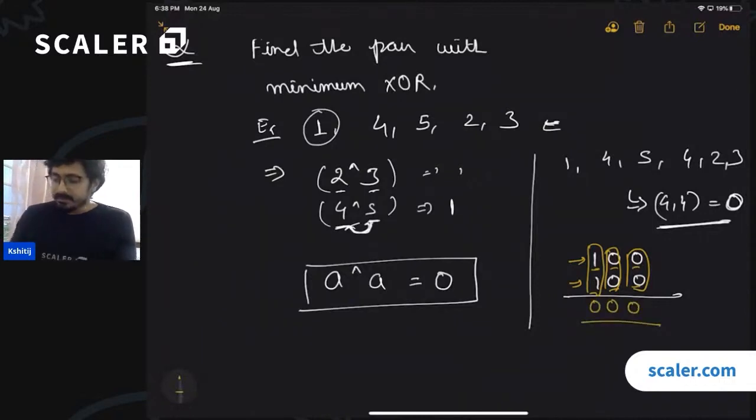Okay, now just use this thing, and can you say by just looking at this that if the numbers are numerically closer to each other, then the chances of having a lesser XOR will be maximized? The closer the numbers, the lesser would be their XOR.